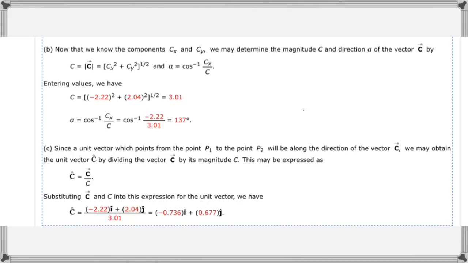So as you can see, the magnitude is given there. As you take the sum of the squares and take the square root, you get that answer. And then to find the angle, you take the x component of the vector. You know why that is negative, because it's along the negative x-axis.